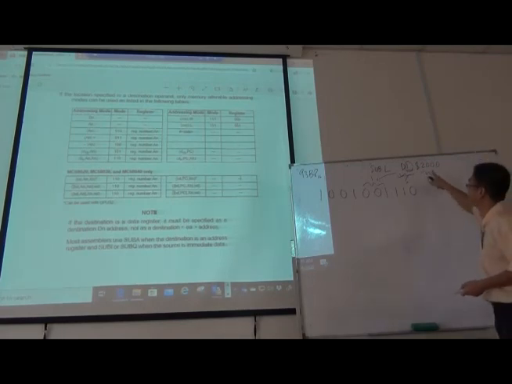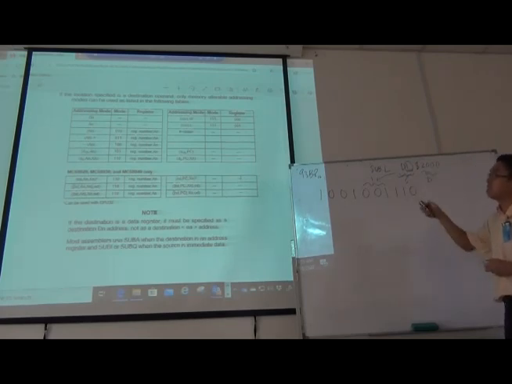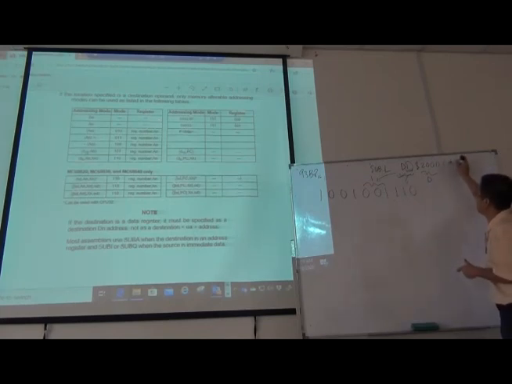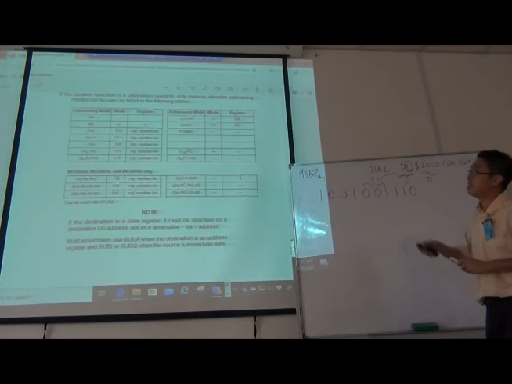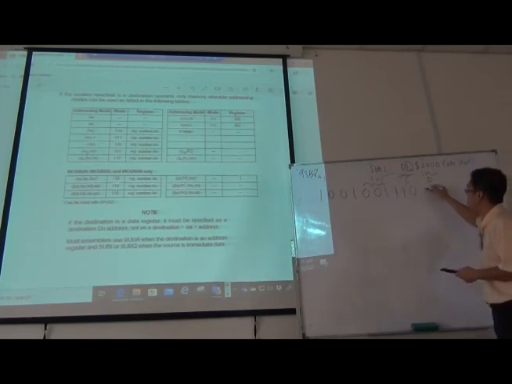So this is 2000, so 4 digits only. 4 digits only means that you are going to refer to absolute short. This is absolute short. So the mode will be 111 and the register will be 000.